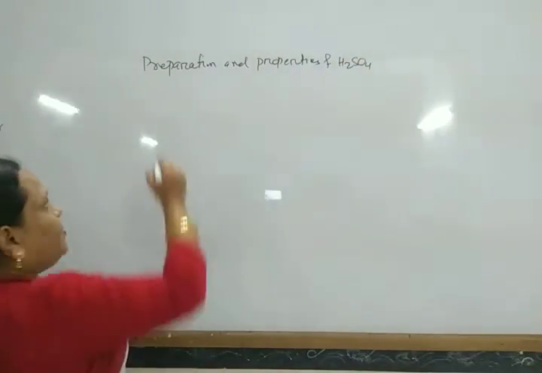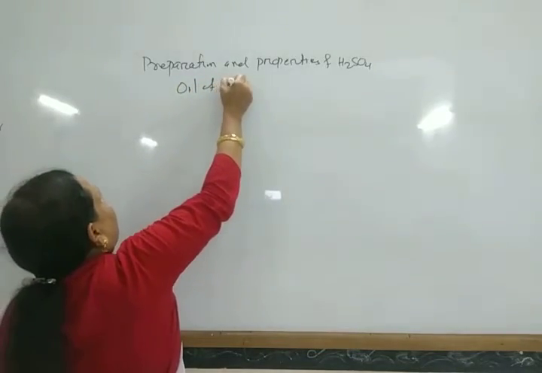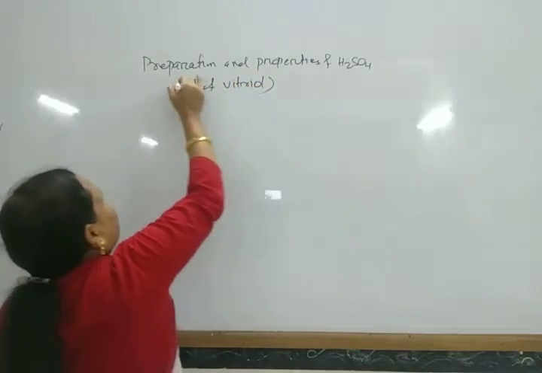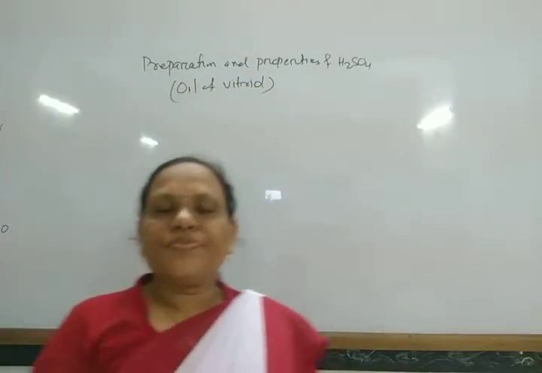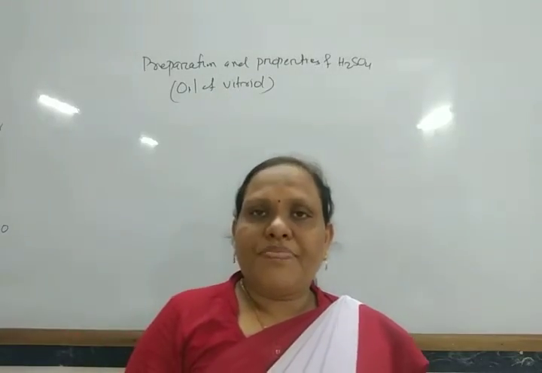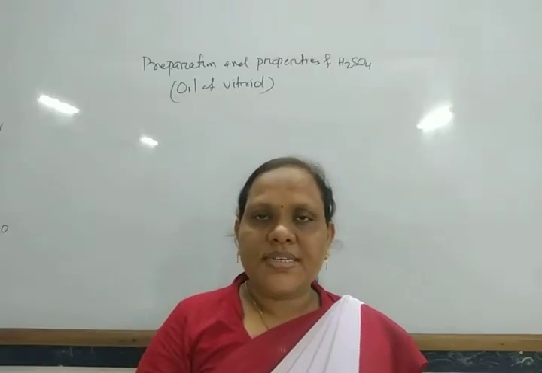Sulfuric acid is also known as oil of vitriol. It is generally prepared either by the contact process or the chamber process.